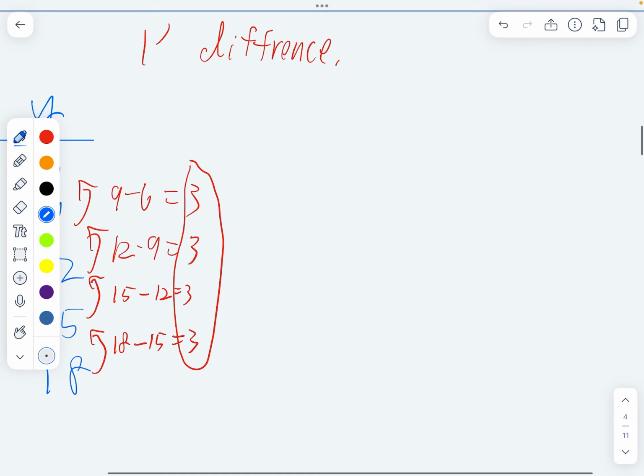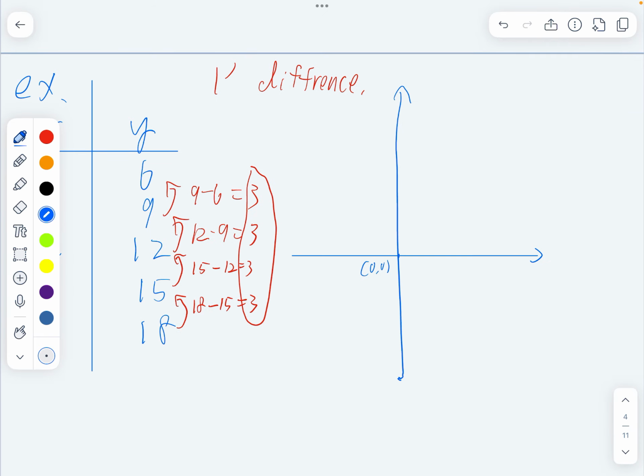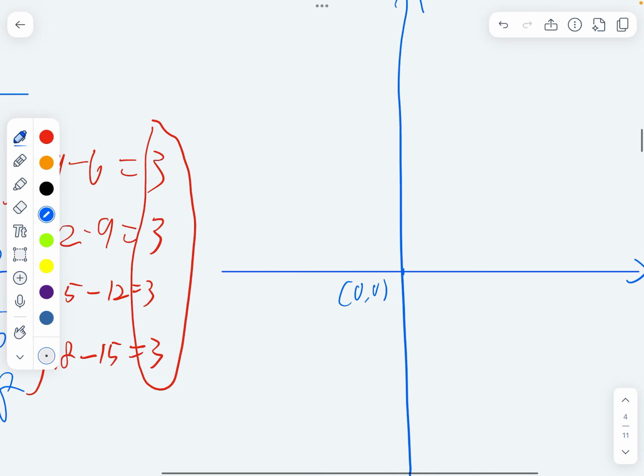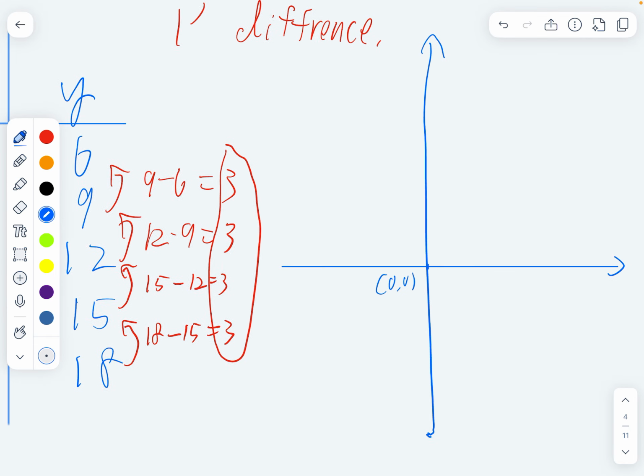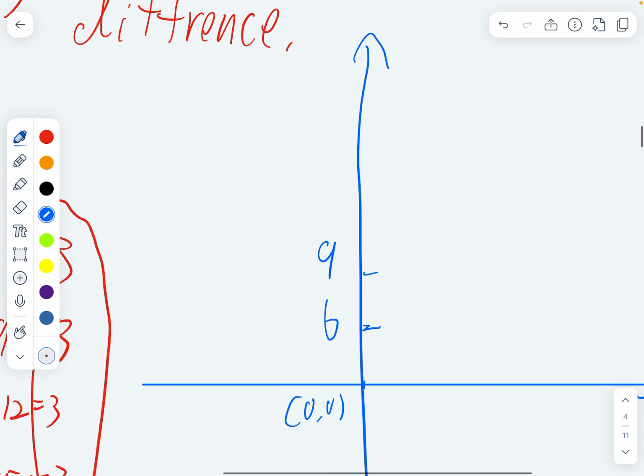Next is the graph. Okay, let's find the number 0, 6. We can start here, right? 6, 9, 12.